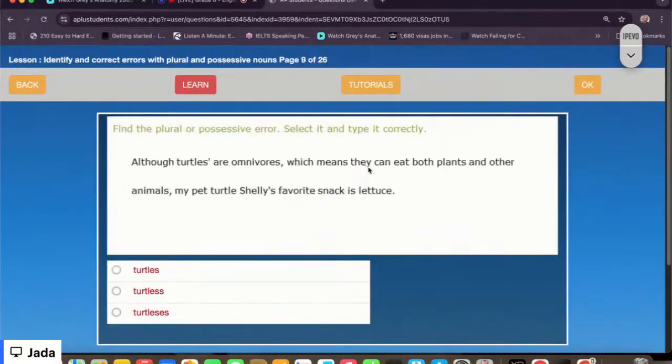Although turtles are omnivorous, which means they can eat both plants and other animals, my pet turtle Shelly favorite snack is lettuce.